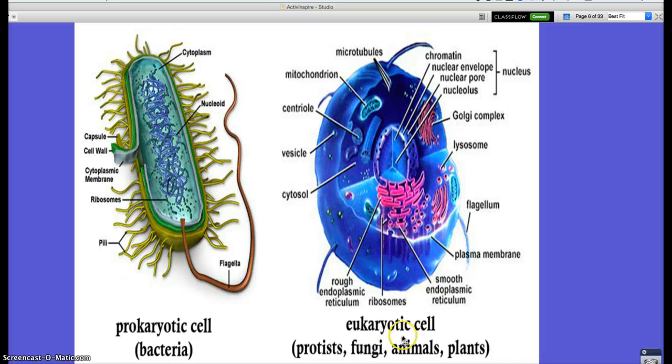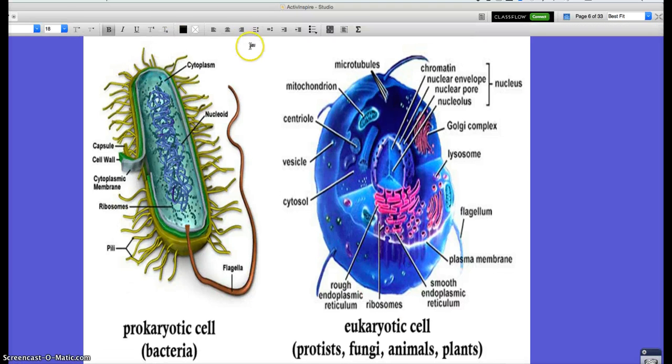So I'm going to focus on eukaryotic cell parts, which are called organelles. So write that down. We're going to focus on the organelles of eukaryotic cells because the function overall is the same, and that'll help you learn about both.